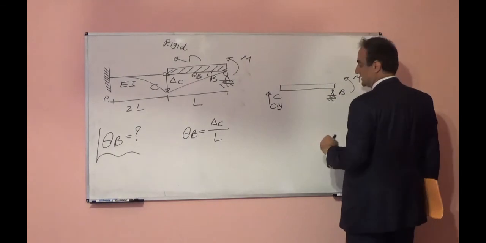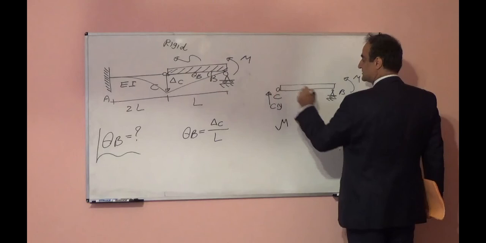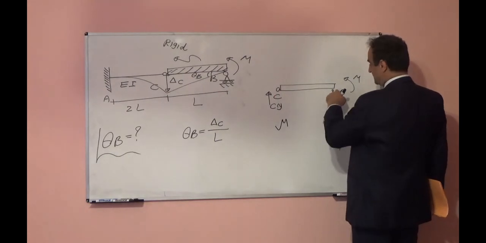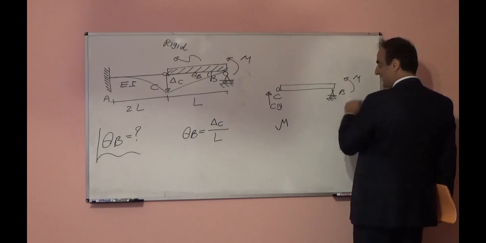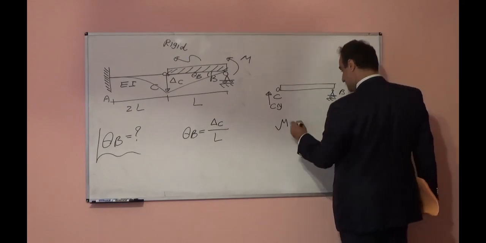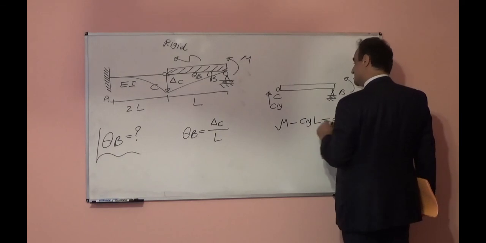What is the Cy? If I take moment with respect to point B, I will have M, counterclockwise positive, minus Cy times L equal to 0.